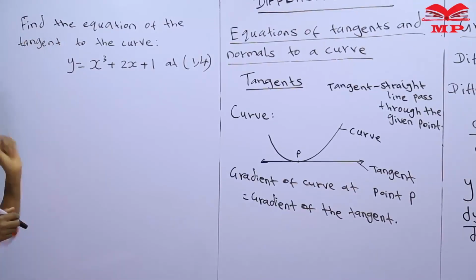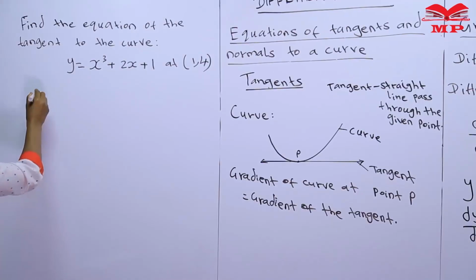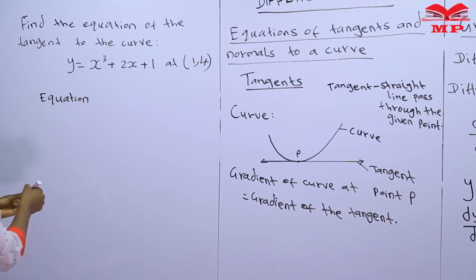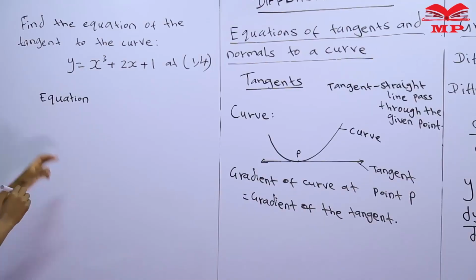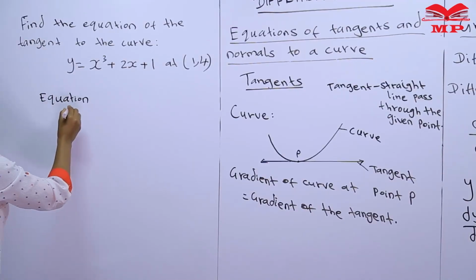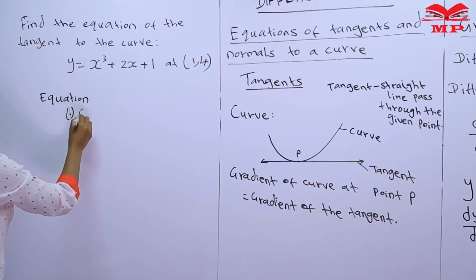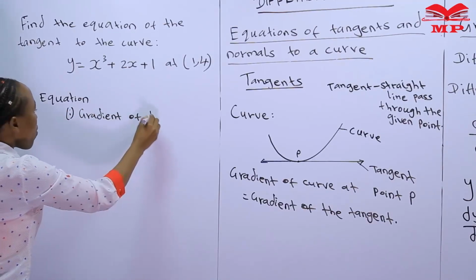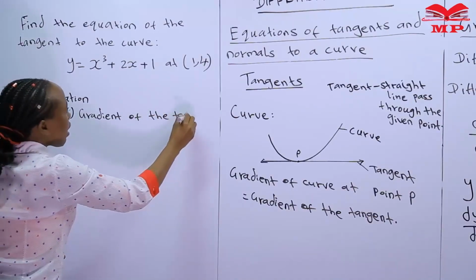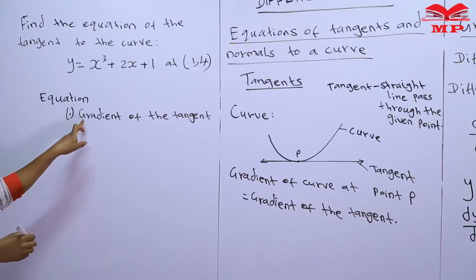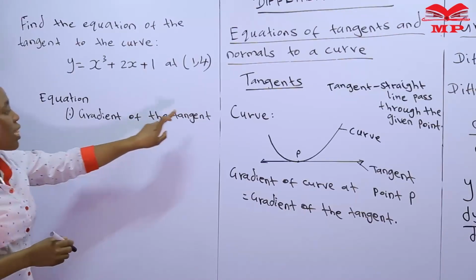And for us to get an equation of the line, because it is a straight line, an equation of a straight line because it is a tangent, we need first to get the gradient of the tangent. That should be the first thing.